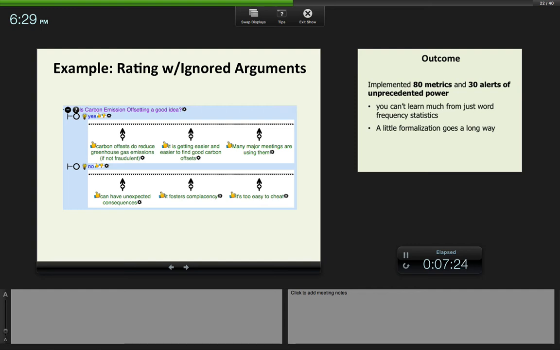So, for example, imagine someone in this deliberation map had given a high rating to the idea that yes, carbon emission offsetting is a good idea, but had not viewed some of the relevant arguments. In that case, it is possible that their rating was ill-founded because they did not look at the underlying information. And again, in the particular context of deliberation maps, it's easy to detect this kind of problem and to notify the users of when they may have fallen prone to it.